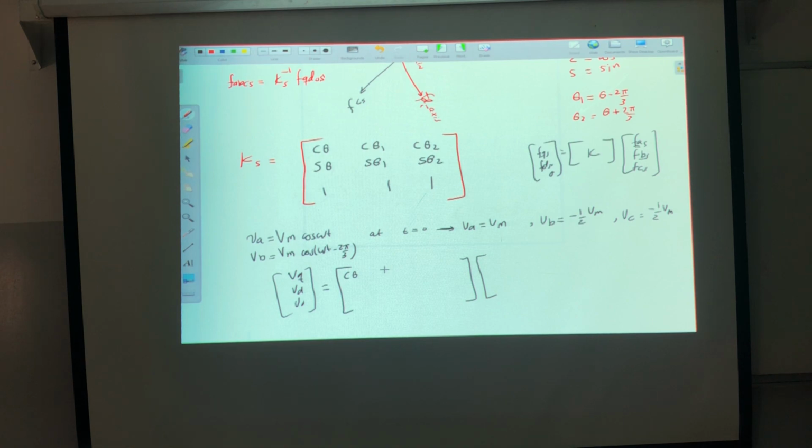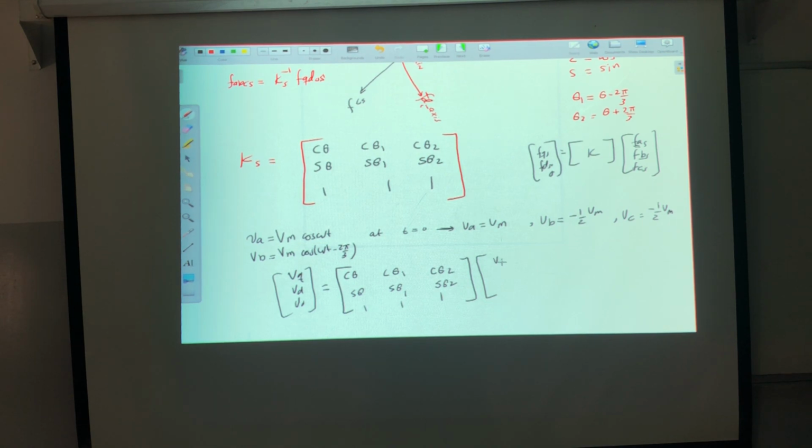Cosine theta, cosine theta 1, cosine theta 2, sine theta 1, sine theta 2, and the one.